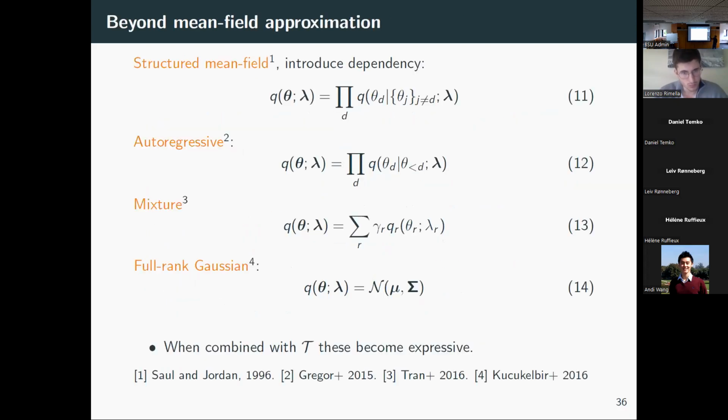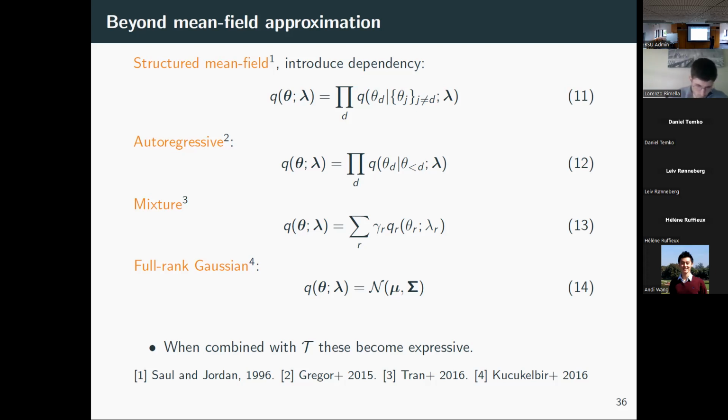Okay, so going beyond the mean field approximation, as I said, we no longer need the mean field assumption, because all we need is differentiability. That's why these are some of the things people use. There are many more, but the structured mean field came long back actually.